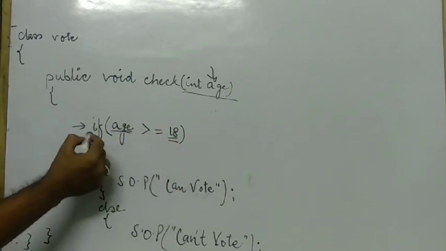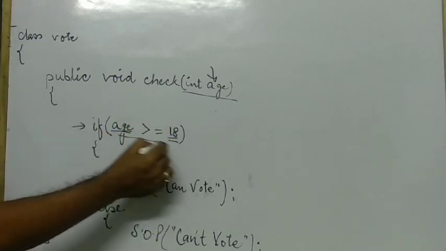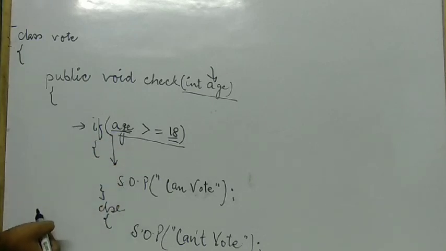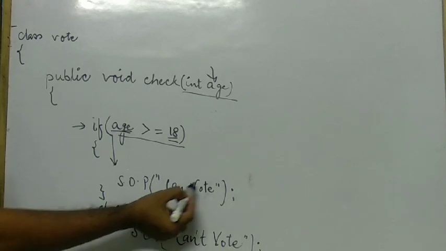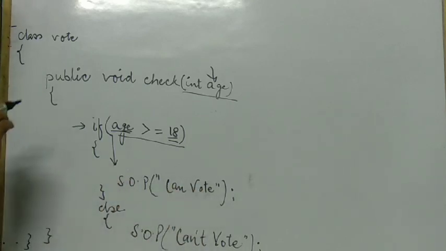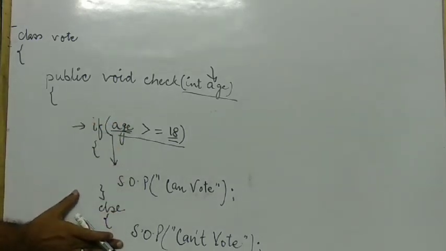Okay, if this condition is true, then the program will write, can vote, and then the program comes out. If this condition is true, the else part is skipped.